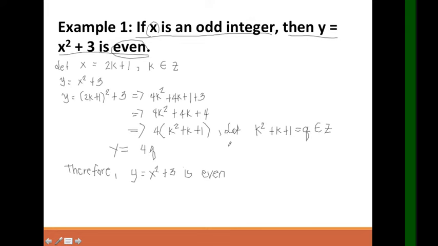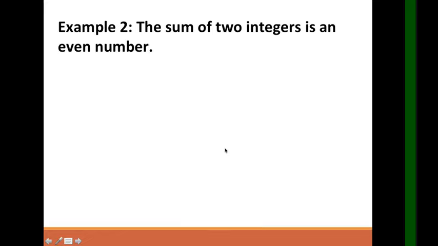Number 2. The sum of two integers is an even number. The sum of two integers is an even number. Okay, so let's say that the first integer is x plus 1.